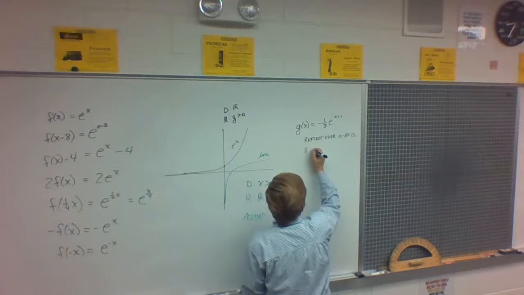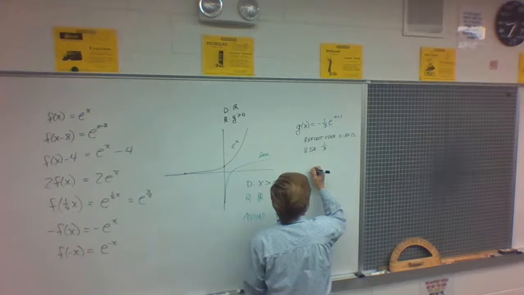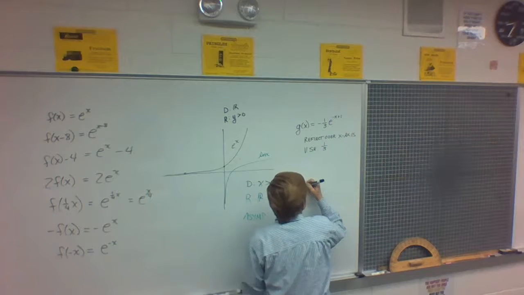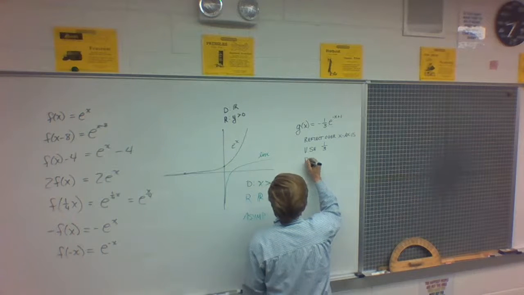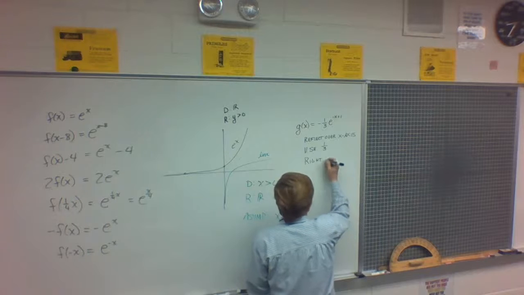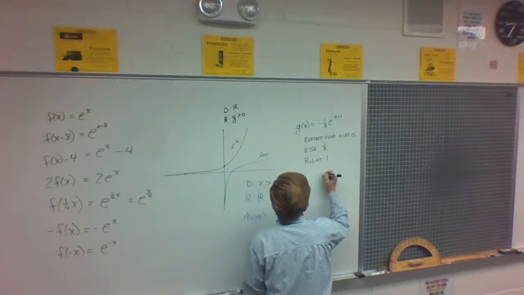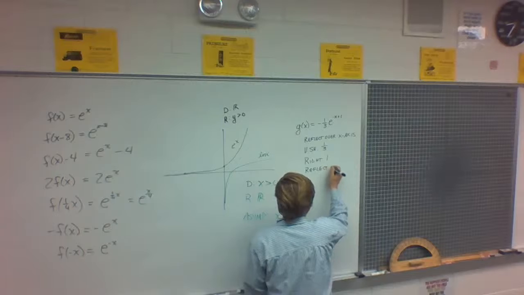Vertical shrink of a 1/3. Is that a +1? This is a +1 right there. Left one. Nope. Oh wait, no, hold on. Right one. And I'll show you why in just a minute, but it's going to be a right move. I'll show you. Right one and reflection in the y-axis. It's going to do both reflections.